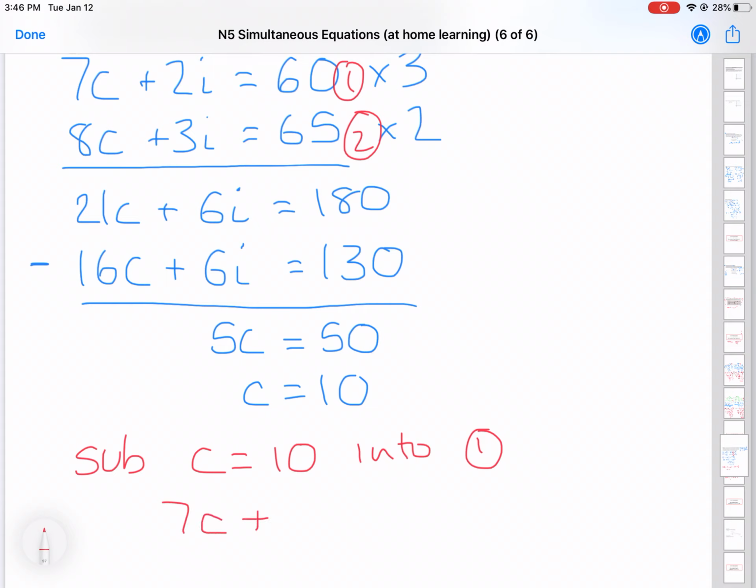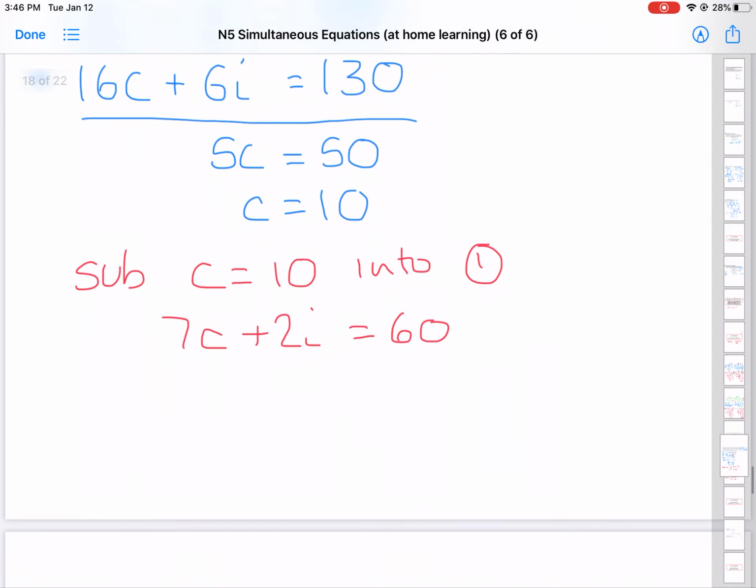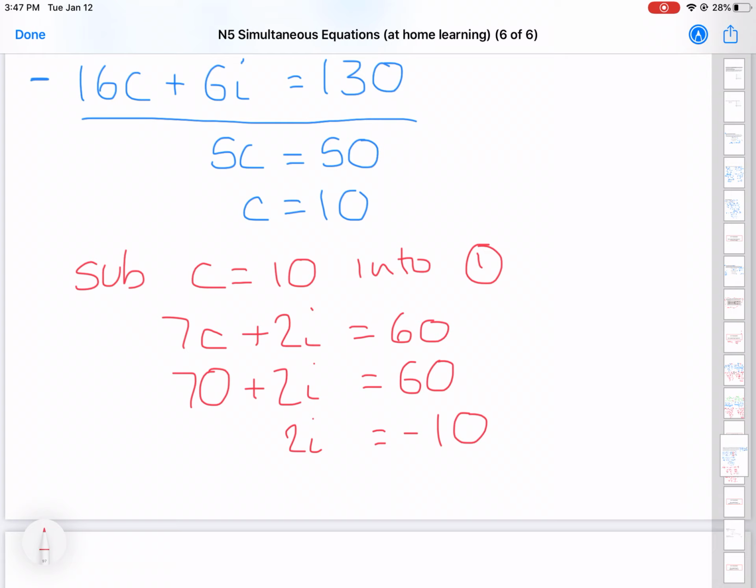Equation 1 is 7c plus 2i equals 60. And if we do that, so that's 7c, 7 times 10 is 70, plus 2i equals 60. Take away the 70, 2i gives us negative 10, so i is negative 5.